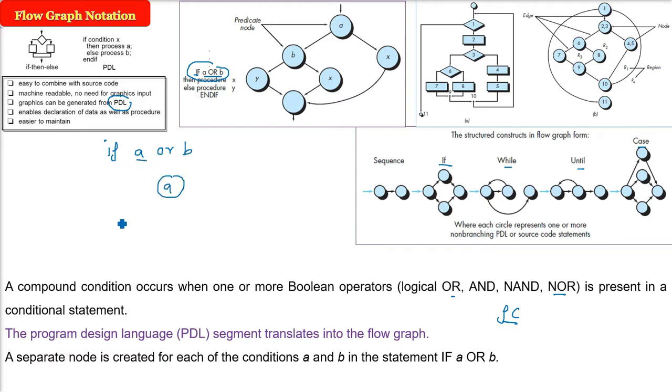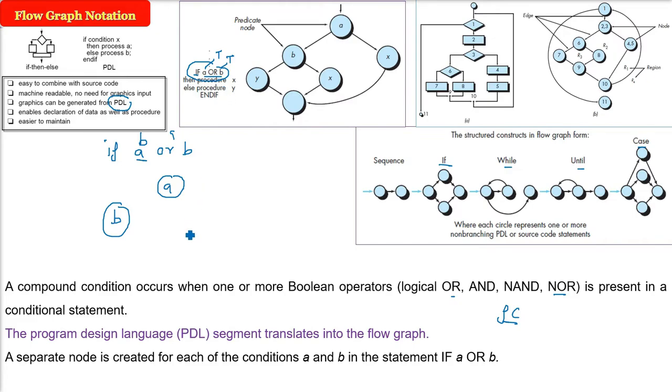So we'll start with A. If A or B, then procedure X. So if A is true, it will give you X. As I said, a separate node is created for each of the conditions A and B. So until both are false, you have to make conditions.